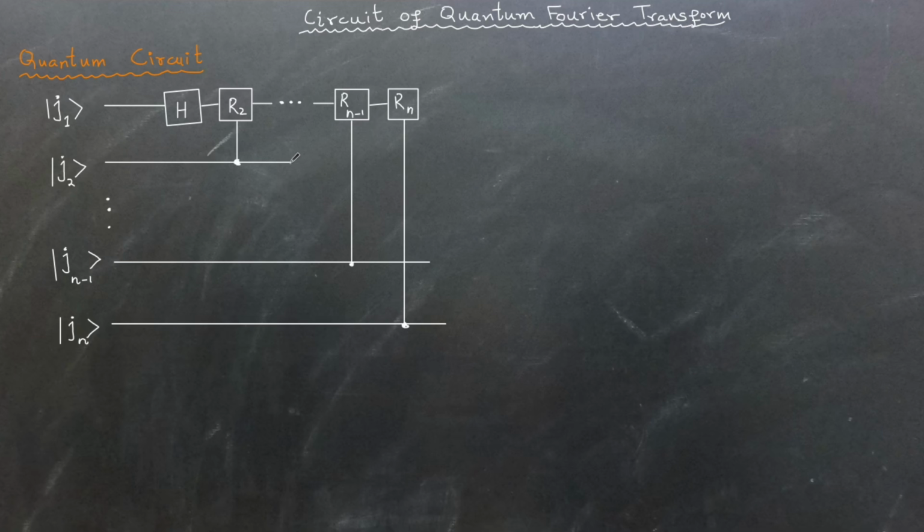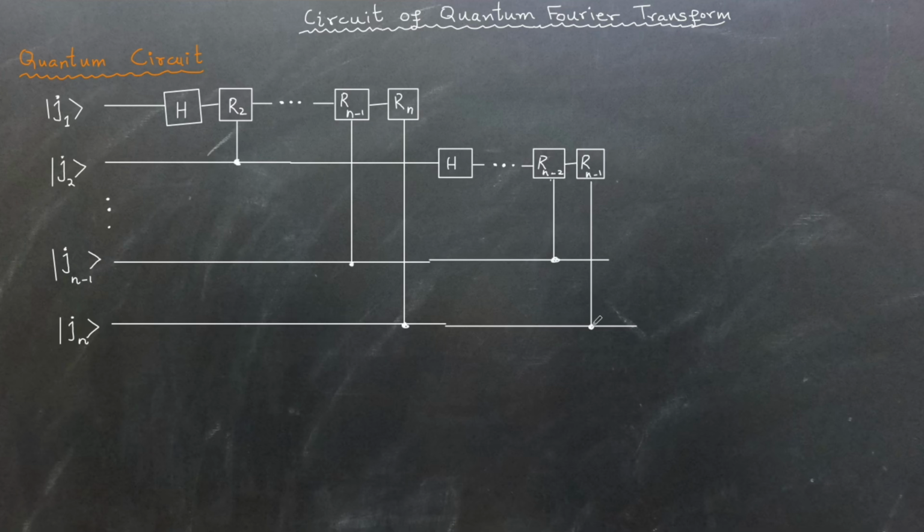Similarly, for the line corresponding to ket j2, we begin by applying the Hadamard gate to create a superposition. We then apply the Rk gate sequentially using each of the lines below as control bits. For the line corresponding to ket jn-1, we start by applying the Hadamard gate.